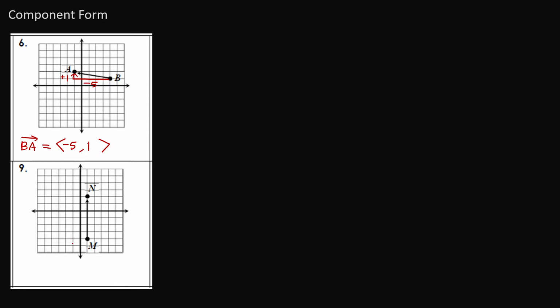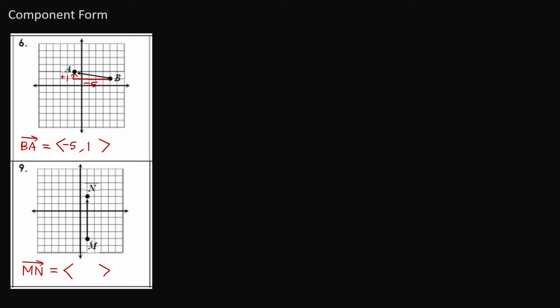For number 9, I'm seeing that I have points M and N, and my arrow is pointing from M to N. So here's what my vector would look like. Vector MN with the arrow over the N. And when I write my component form, first I need to determine what's my horizontal shift. How far am I moving left or right? I notice I'm not moving left or right at all.